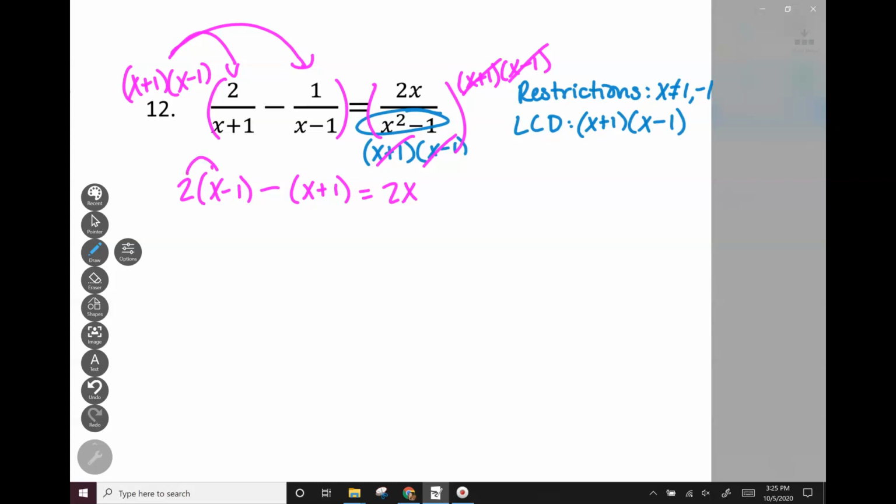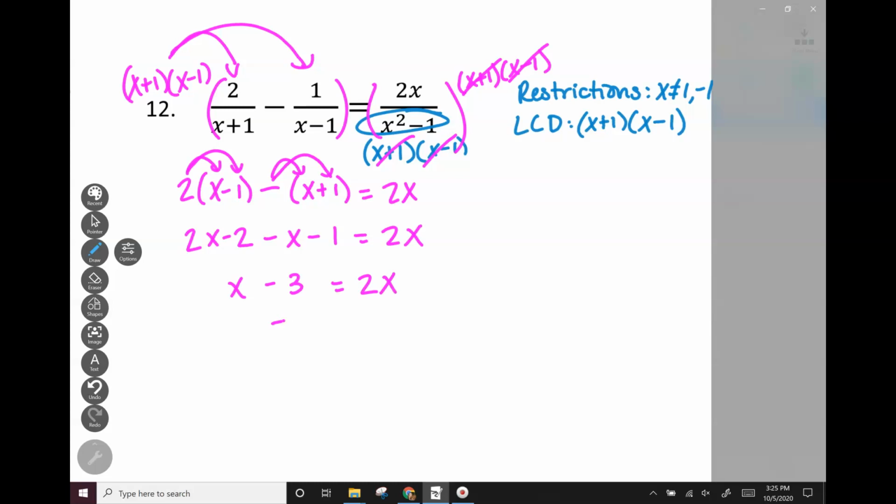Okay, now we'll distribute. So 2x minus 2 minus x minus 1 equals 2x. Combine like terms on the left-hand side. x minus 3 equals 2x.